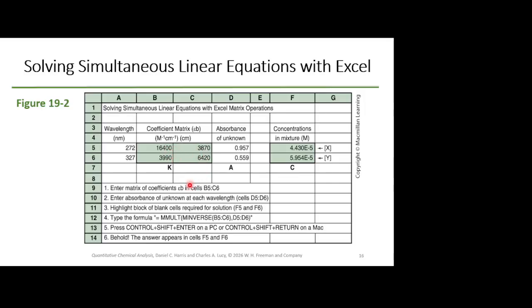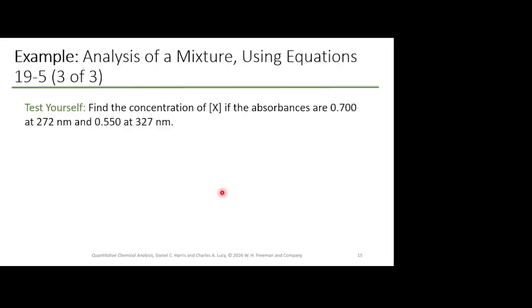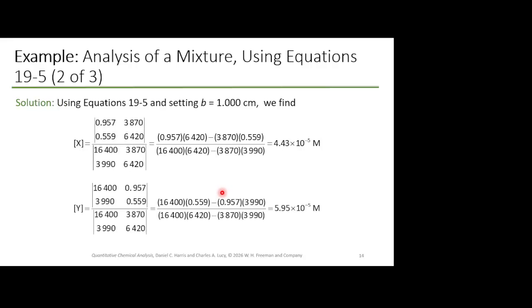Yeah, so this is going to be the coefficient matrix, the EB. That would be the epsilon times the B path length that you put in there. Same as this.